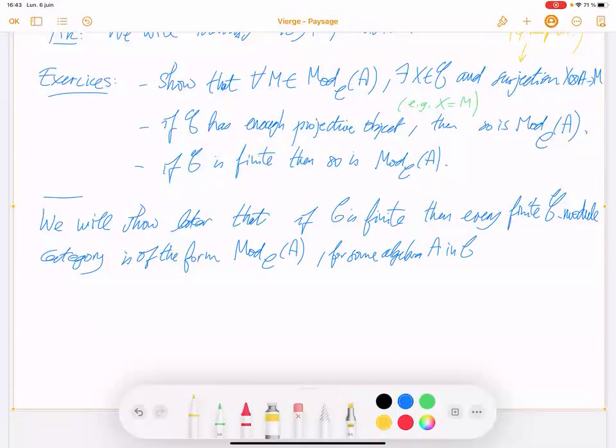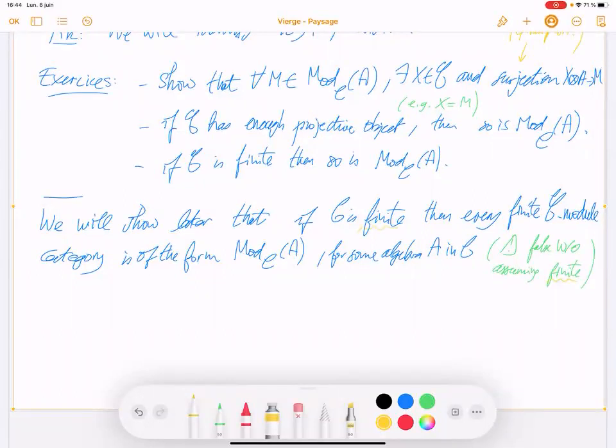And as I said, this is false without assuming finite.